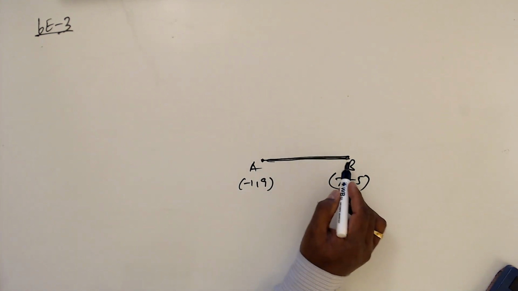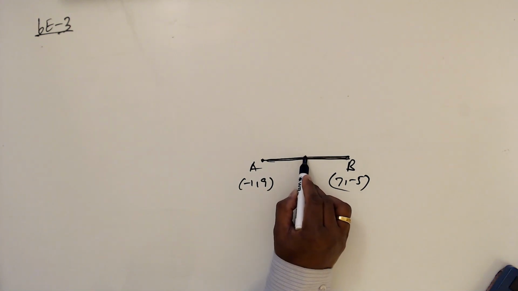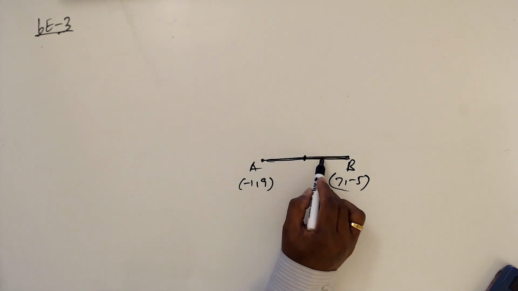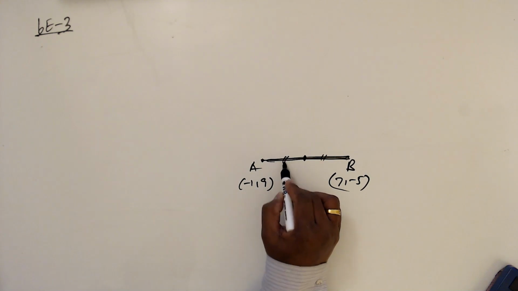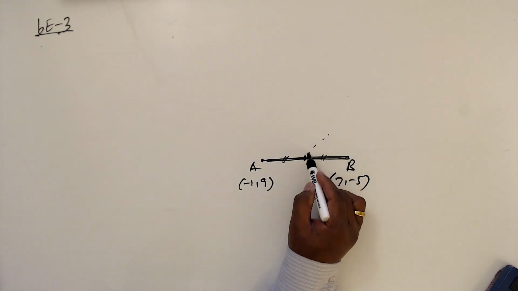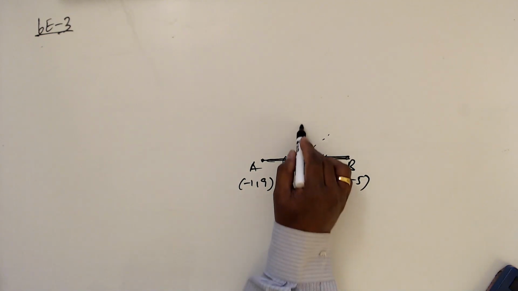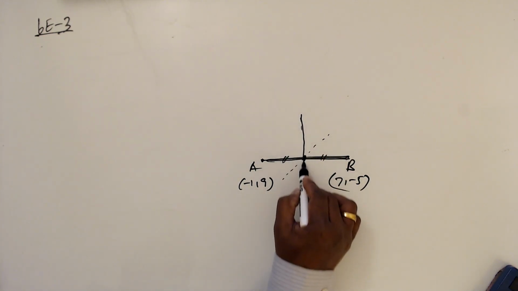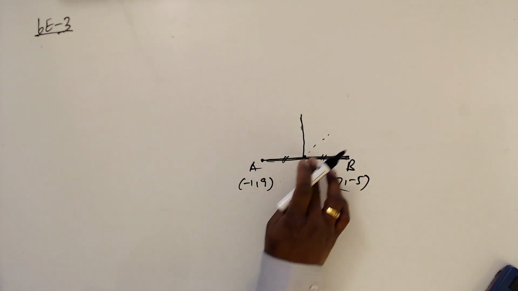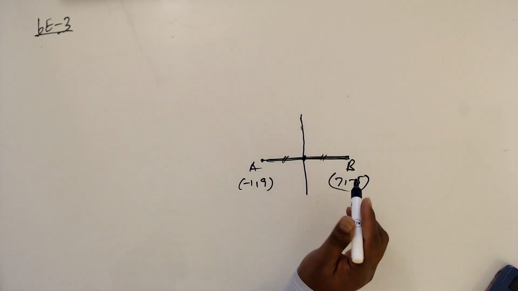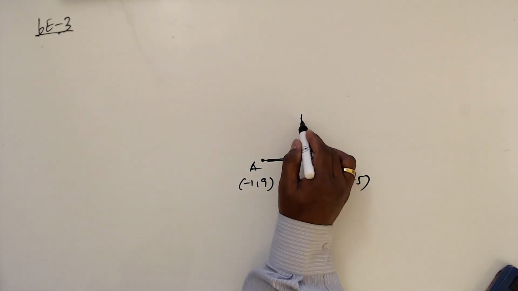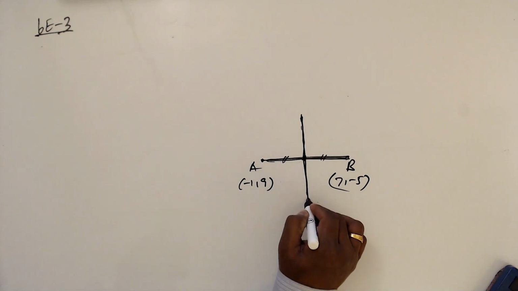Bisector means it should go through the middle, so it should be equal. Now this line is a perpendicular bisector, but it has to be perpendicular. Then this is the perpendicular bisector. Now I want to find the equation of this perpendicular bisector.